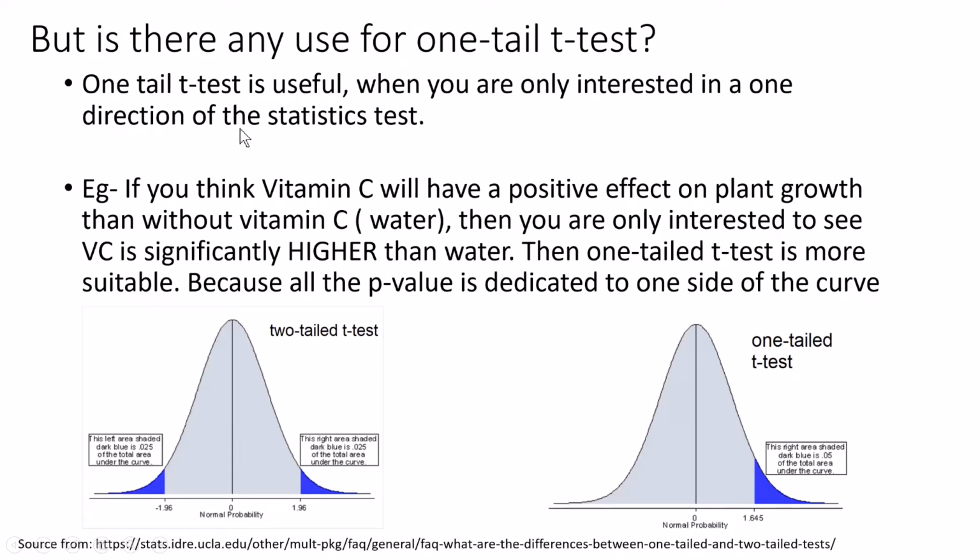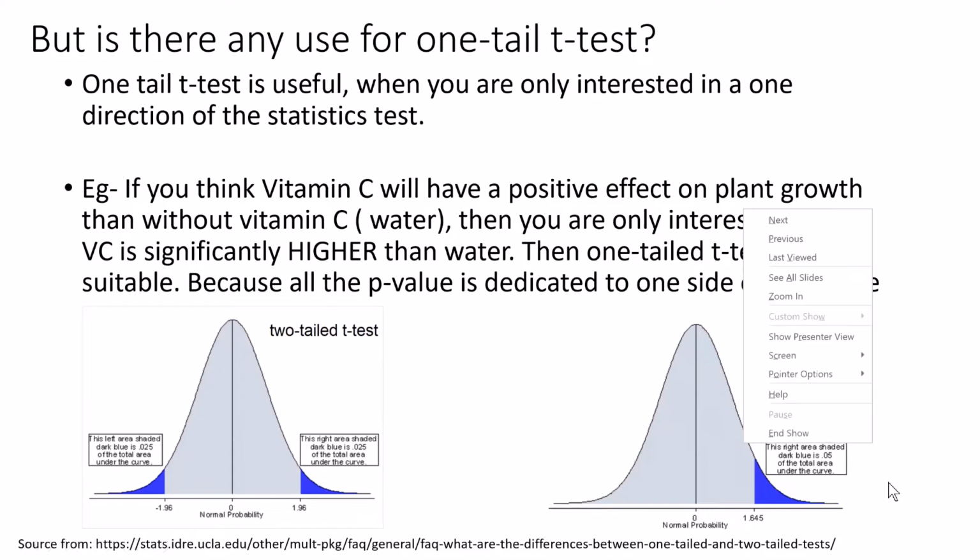So for example, if you know that vitamin C will have a positive effect on plant growth compared to the one without vitamin C, just pure water as the control, then you are only interested to see if the vitamin C group is significantly higher than the water. So in terms of the distribution curve, you prefer to just look at what happens here.